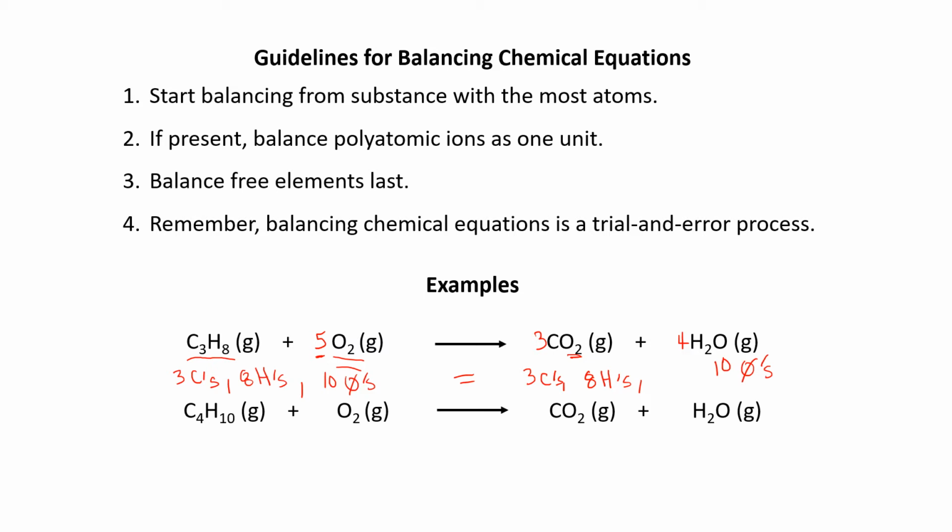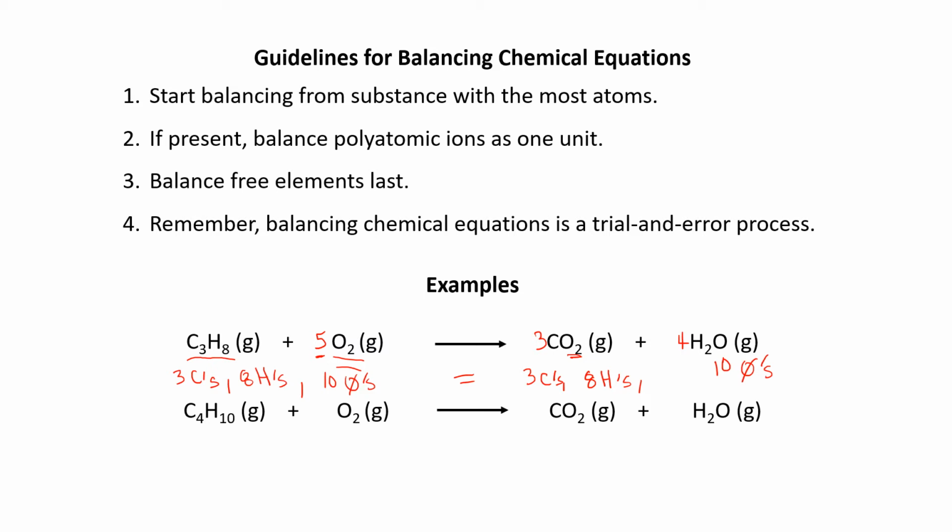And so if I read this chemical equation, what this says is that for 1 mole of propane, I need 5 moles of diatomic oxygen to react with that to give me 3 moles of carbon dioxide gas and 4 moles of H2O gas.